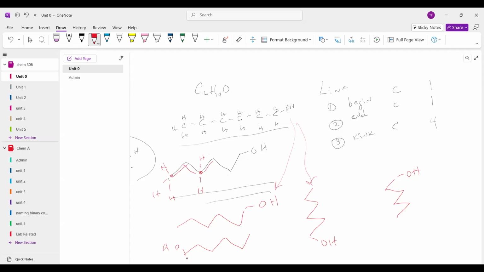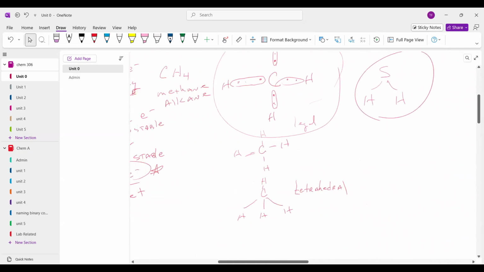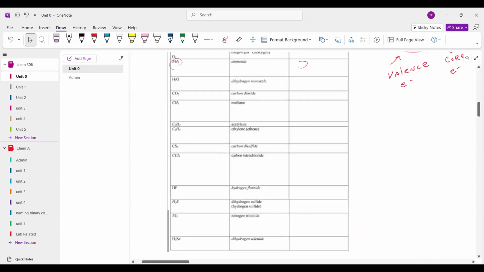Now, your Dry Lab 1 does a lot of this stuff. You're going to be naming, you're going to be drawing line drawings, and that'll correspond to the lectures. Okay, so Dry Lab 0 worksheet, there are a number of them.